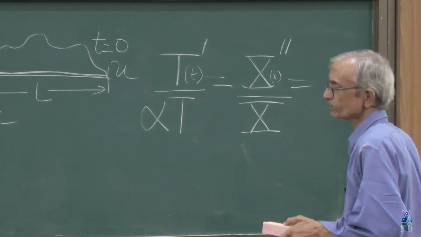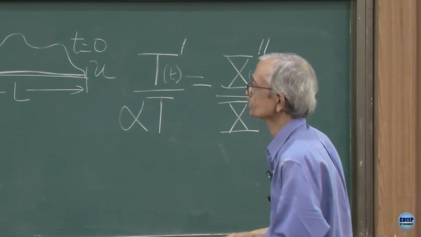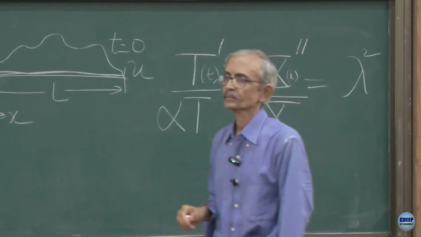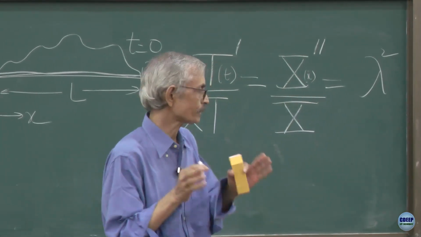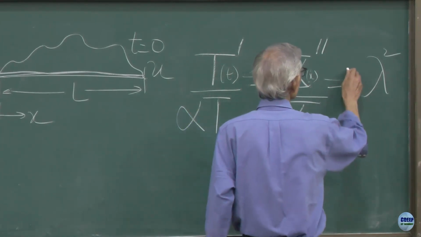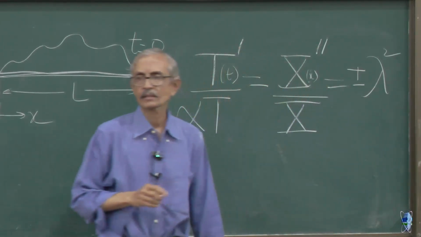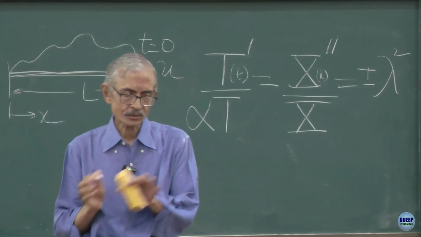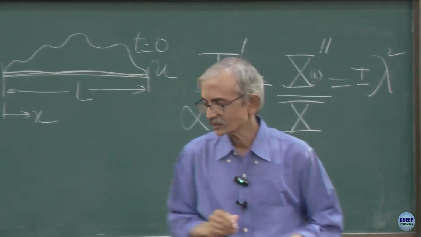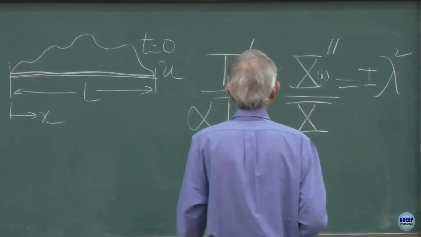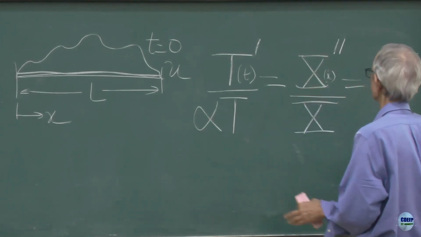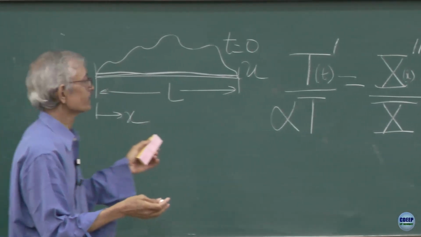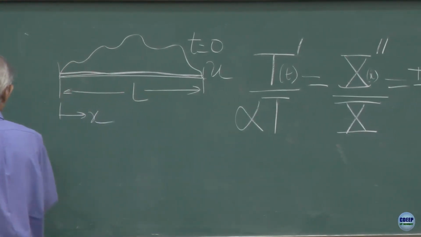Okay. So what we say is, we're going to assume that this constant is going to be lambda square. Lambda square, because lambda square is always a positive number, and therefore we say that we could either have a plus lambda square or a minus lambda square. Just so that you have all the bases guarded. So T prime by T is equal to this. And now the reason why we say that the variables are separable is kind of coming out clear.